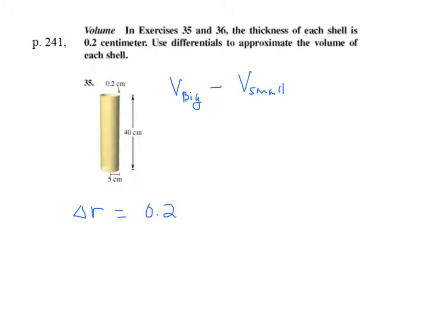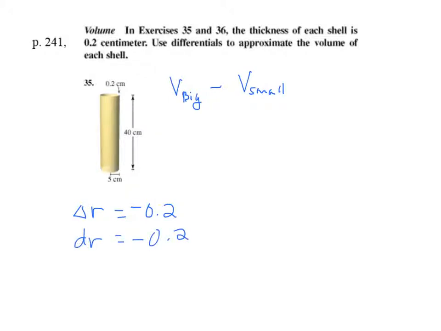That's the change in our radius. However, let's be careful here. Since we're starting at 5 and moving back to 4.8, delta r is actually negative 0.2. Your deltas and your differentials can have directions in a sense. So of course that means that dr is equal to negative 0.2.